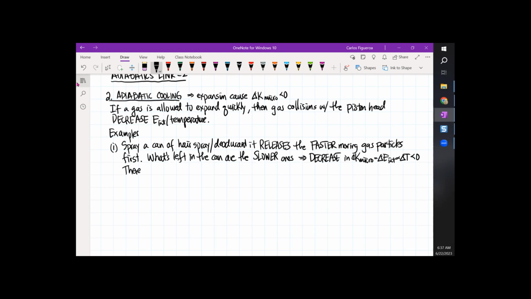Therefore, one feels the can as being colder. So in this case, it's not that they're colliding with the piston head. They're just being released without any heat transfer.